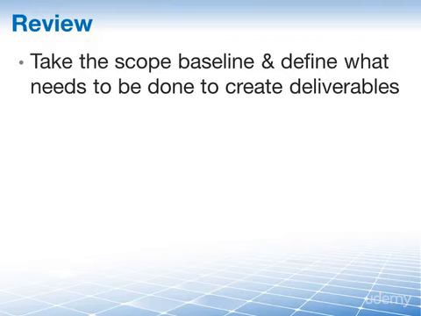Let's review. In the Define Activities process, we take the scope baseline, which consists of the project scope statement, the deliverables-oriented WBS, and the WBS dictionary, and we define what activities are necessary to create the project's deliverables.